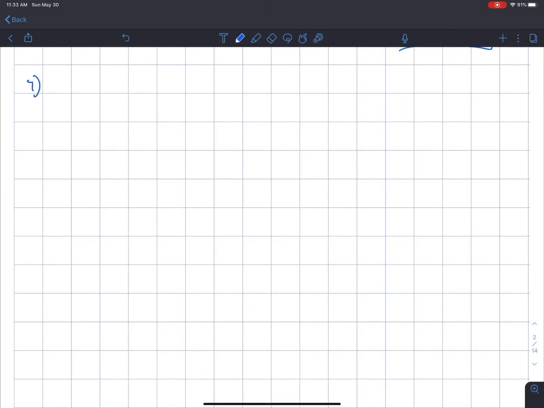Question 7. The length of the diagonal of a rhombus. So this is a rhombus. A rhombus has 4 equal sides. This is the diagonal. The longer one is 18 and the shorter one is 12.